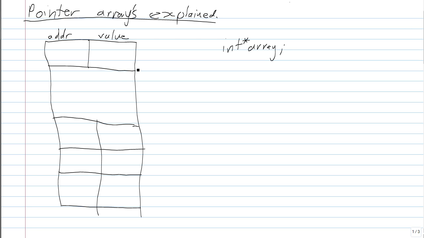So this would create a single variable in memory at some address, and an undefined value. So then, let's give it a value by allocating some memory for it using the new keyword, and we will give it size 3. Okay, so this will create a block of memory of size 3.